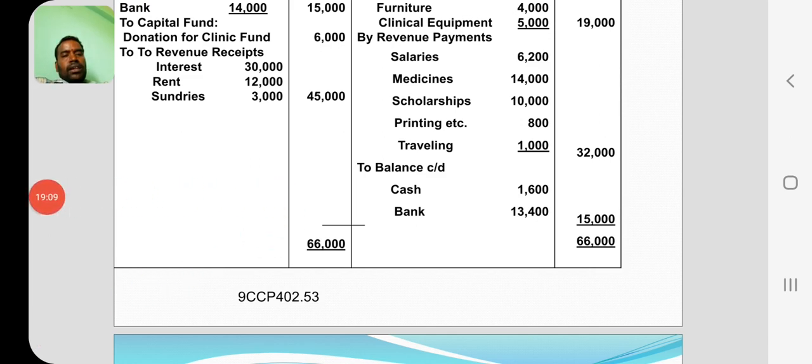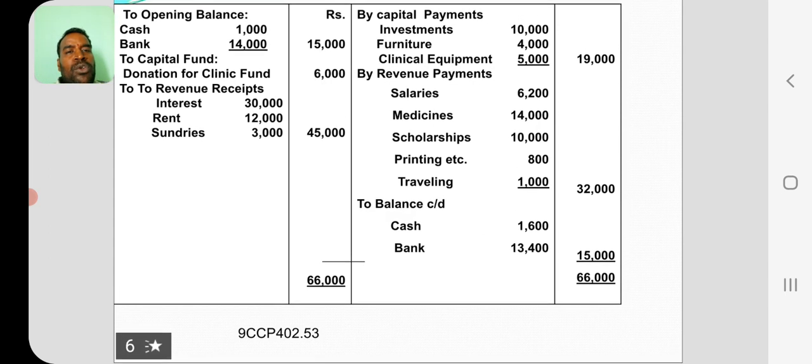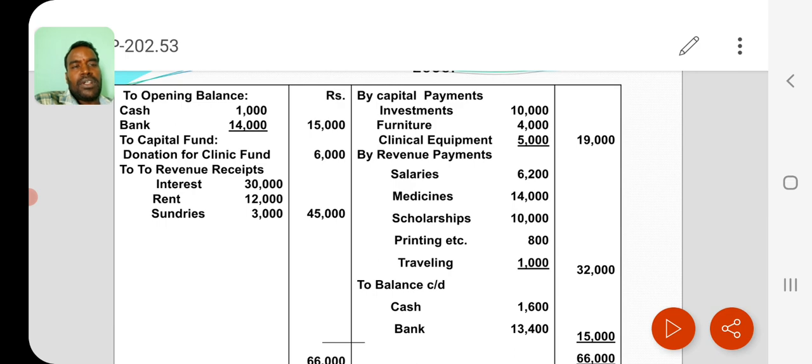Surplus means excess of income over expenditure, means income is higher than expenditure, it should be called surplus. Normally in trading organizations it is called profit. In non-trading organizations we do not use the word profit, so instead we use the word surplus.